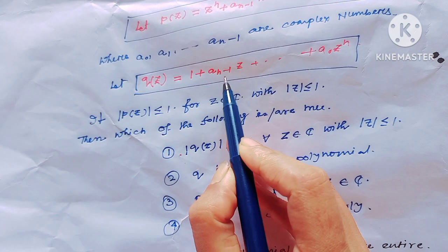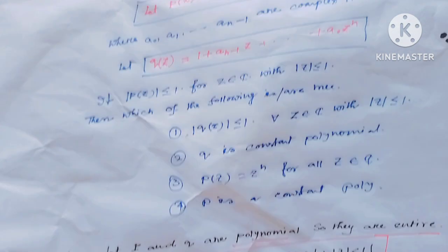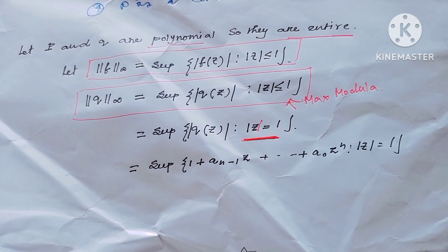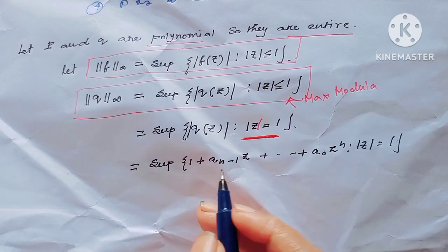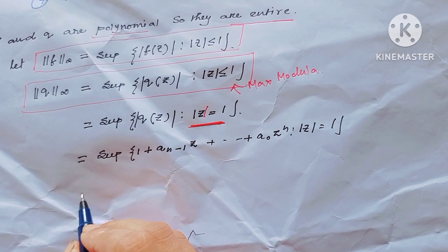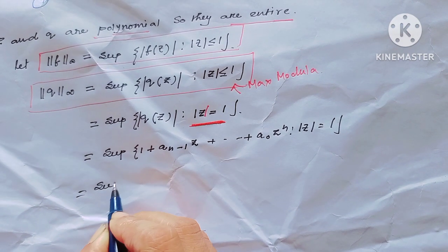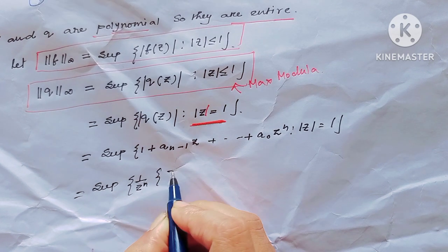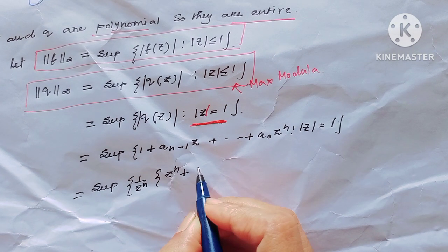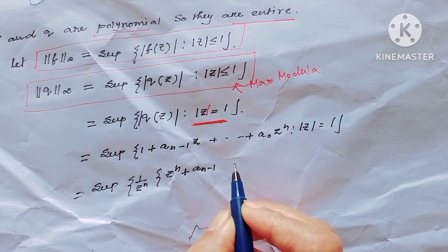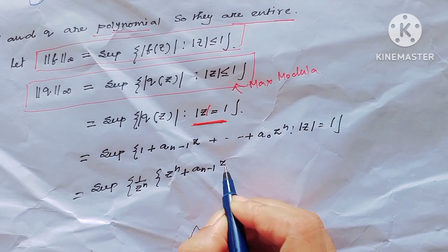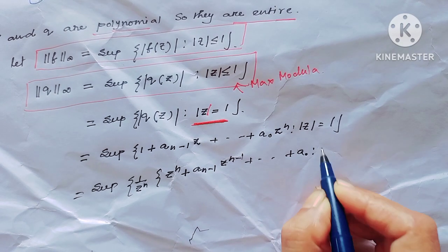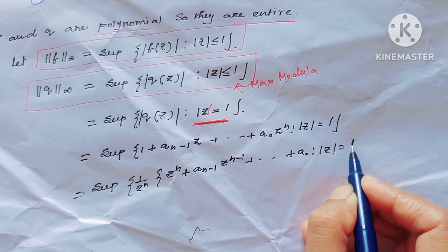Q(z) means 1 plus a_{n-1} up to a_0 z^n, such that |z| equal to 1. Then if we divide by 1 over z^n, the supremum is z^n plus a_{n-1} z^{n-1} up to a_0, such that |z| equal to 1.